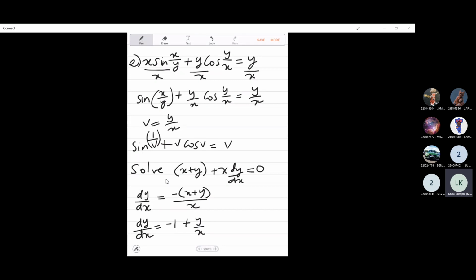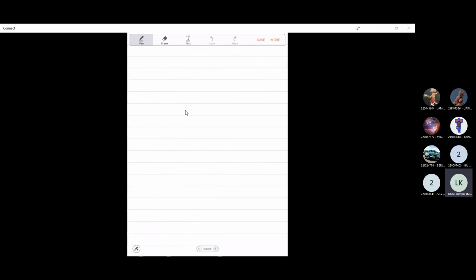So you can see all the variables are y over x, so I know that I can make the substitution. The substitution we're going to make is v equal to y over x. So we let v equal y over x, and this just means that y is equal to vx.